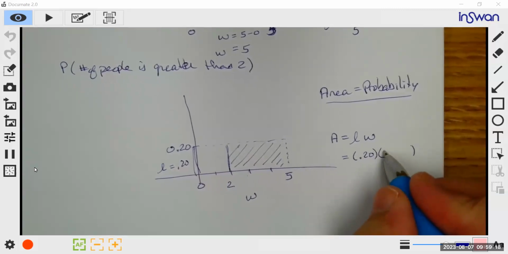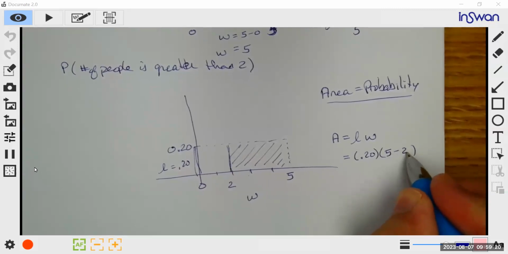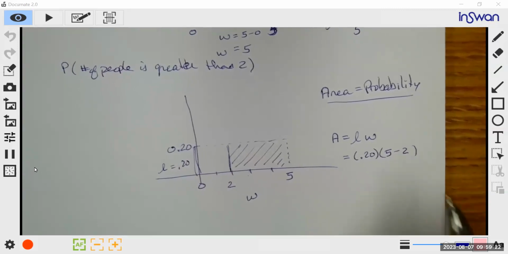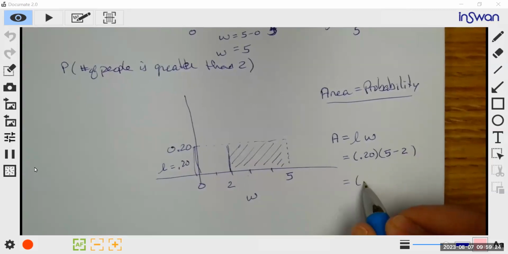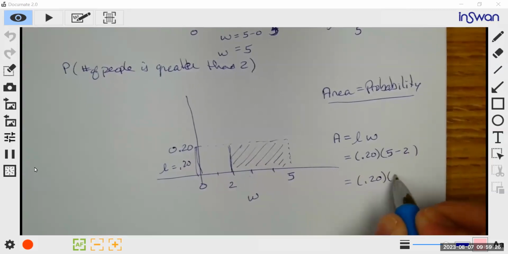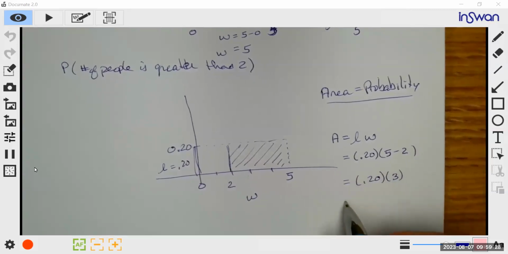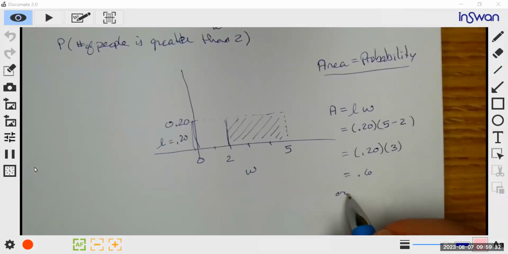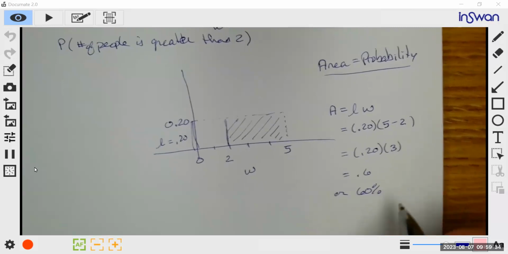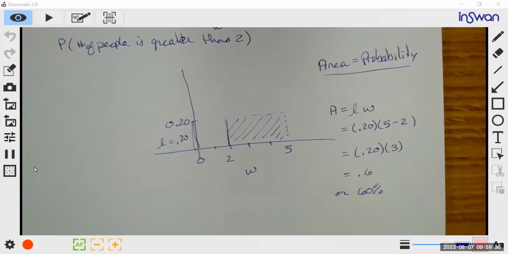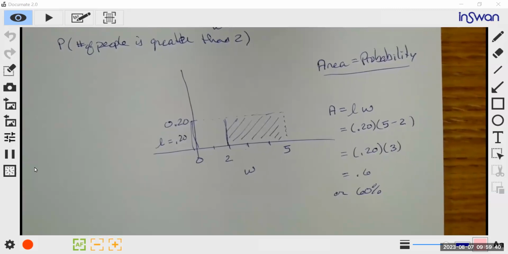Yeah, it's going to be the last number minus the number we're starting off at. 0.20 times 3 is 0.6, or 60%. There's a 60% chance that more than 2 people are going to walk through that door in the next day.